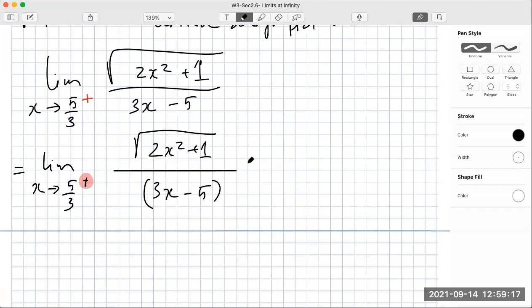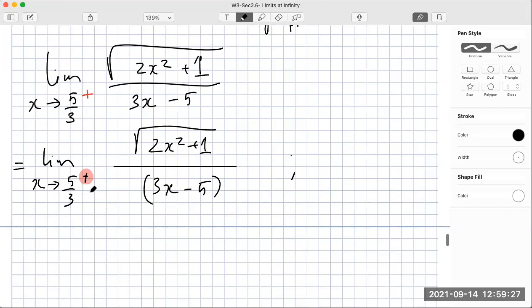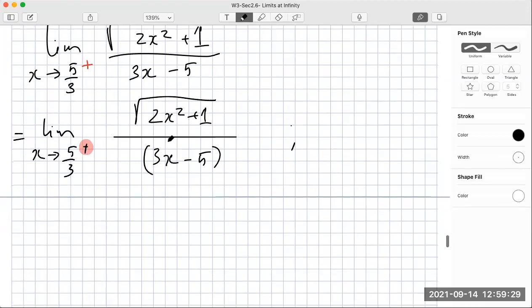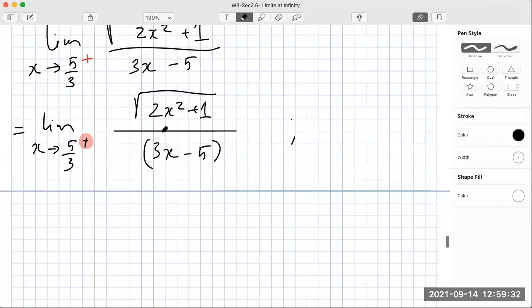Okay, first, look at the numerator. So if x is larger than 5/3, 2x squared, how does it compare to, observation?